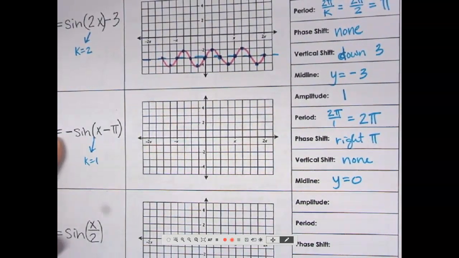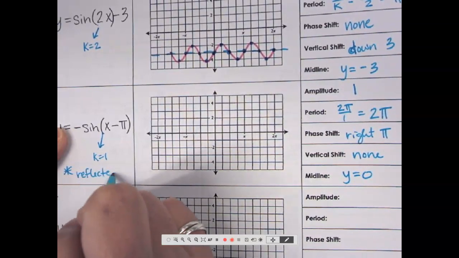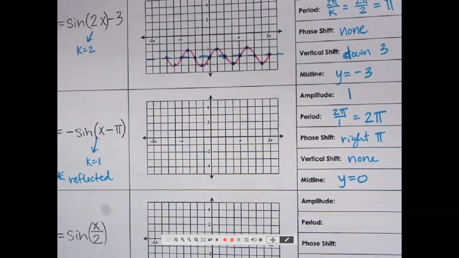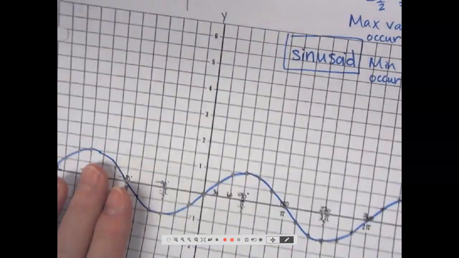This one is flipped, though, isn't it? It's reflected. Okay, I think we're going to make this one our last one, because I'm getting kind of tired of it. All right, here we go. Everything shifts right pi. Take your sine graph.